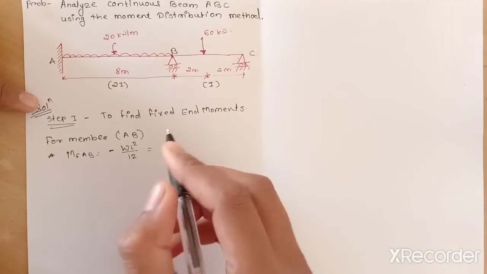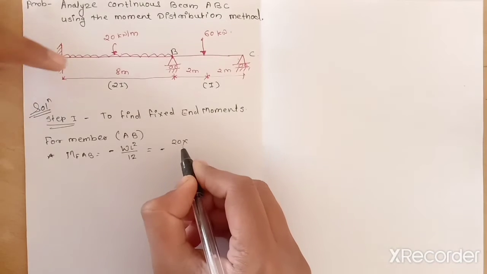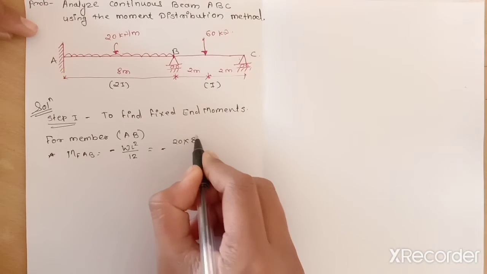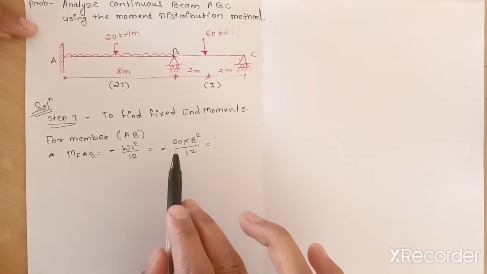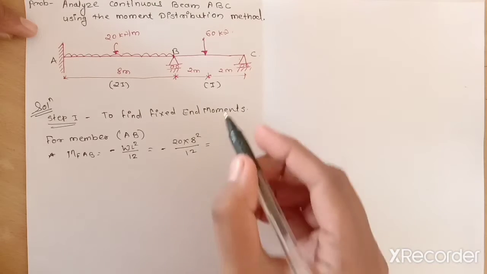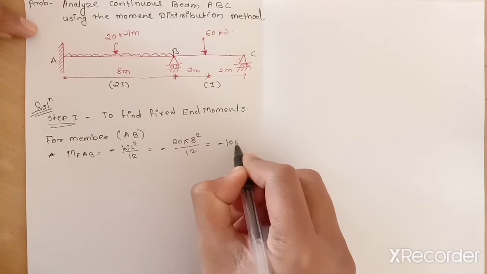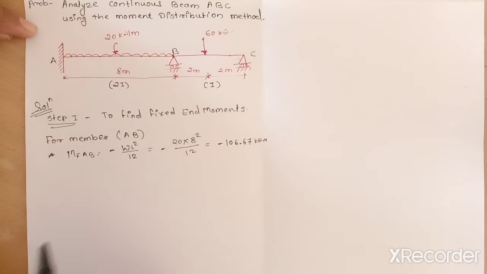So here W is 20, L is 8, so 20 multiplied by 8 square divided by 12 is nothing but minus 106.67 kilonewton meter.